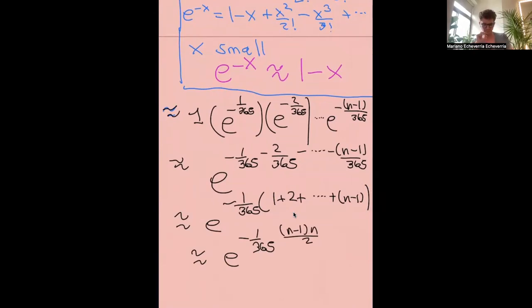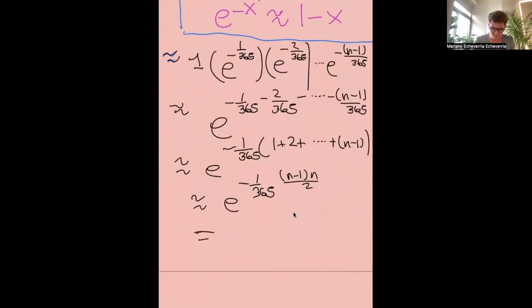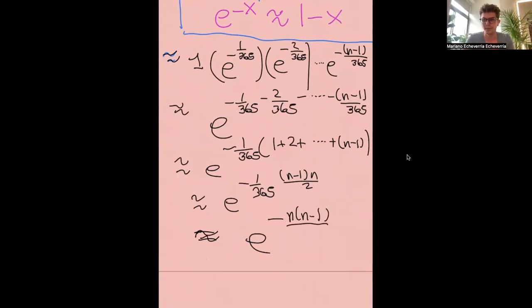So all of this probability can be approximated by e to the minus n times n minus 1 over 365 times 2, which is 730. And then you want that to be less than 0.5.